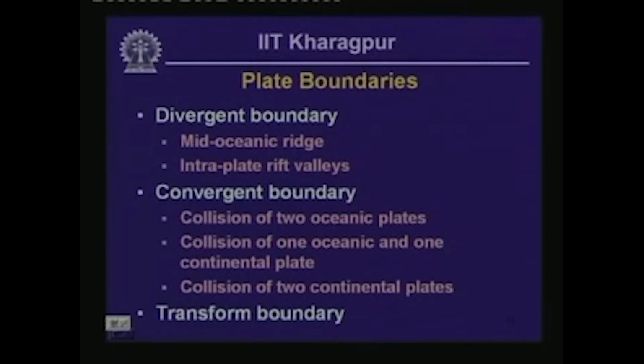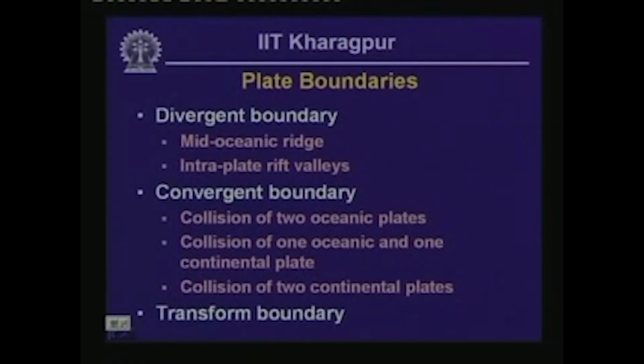Okay, now we want to look at the plate boundaries. What are the types of plate boundaries? Plate boundaries could be divergent boundaries, and divergent boundaries are the boundaries where seafloor spreading is taking place, or where magma is getting ejected to the surface and pushing out the crust on either side of the divergent boundaries.